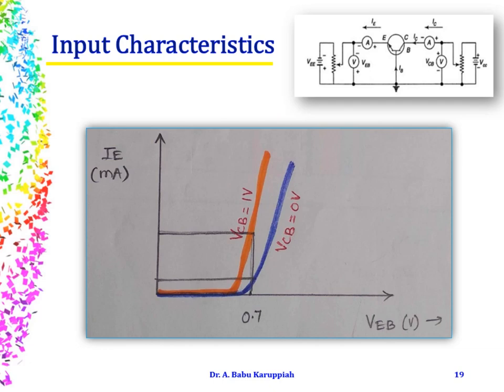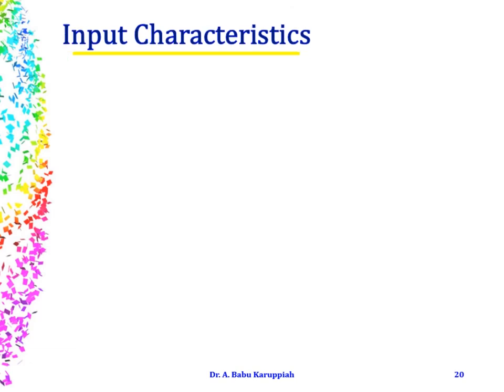So this is for 0 volts and now this is for 1 volt. In case you perform the experiment for 5 volts, the graph will still shift upwards. This is the input characteristics of a common base configuration. We have come to know that the curves shift upwards in the input characteristics of a common base configuration.